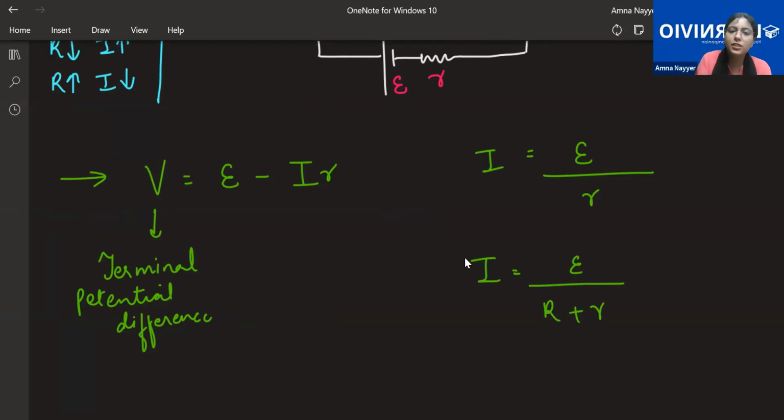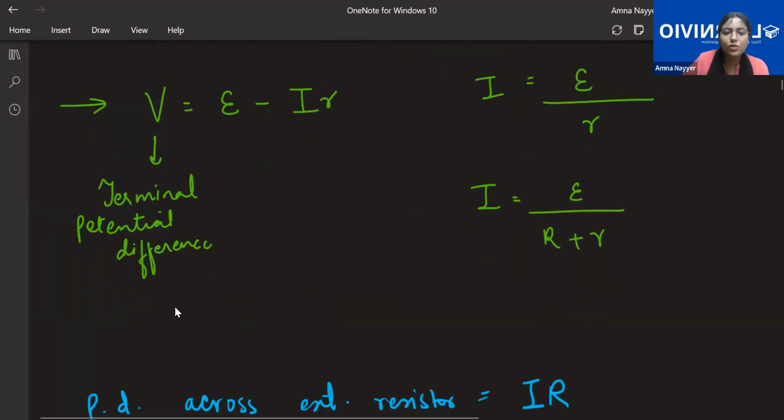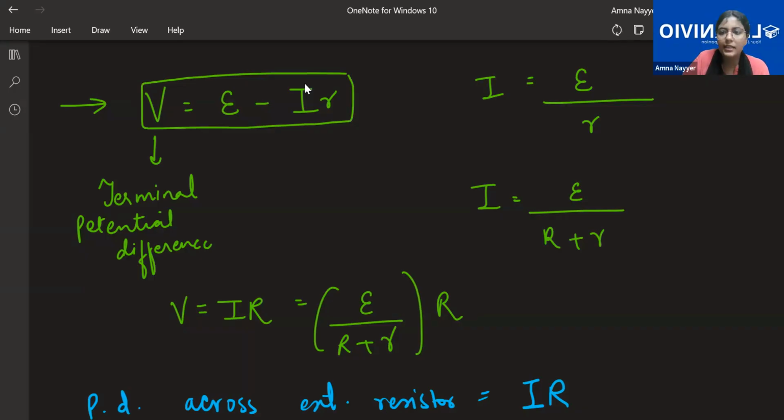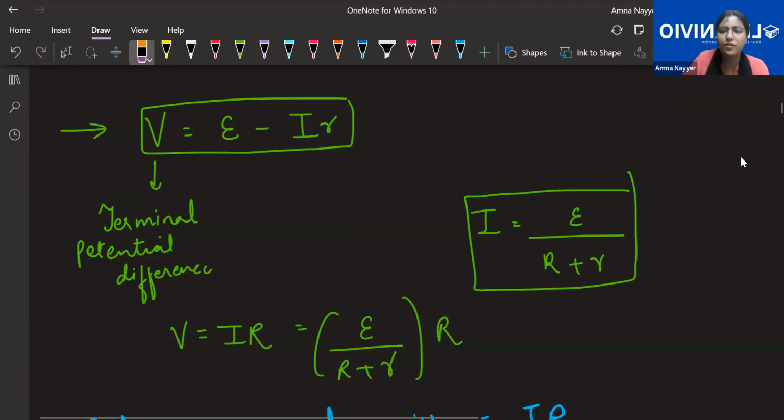What if terminal potential difference you need to calculate? It can directly be calculated as I into R. Current is E by R plus small r, into the external resistance, that is R. Mainly, this is the main formula, you remember this one. You can even forget the other one, it will just confuse you.